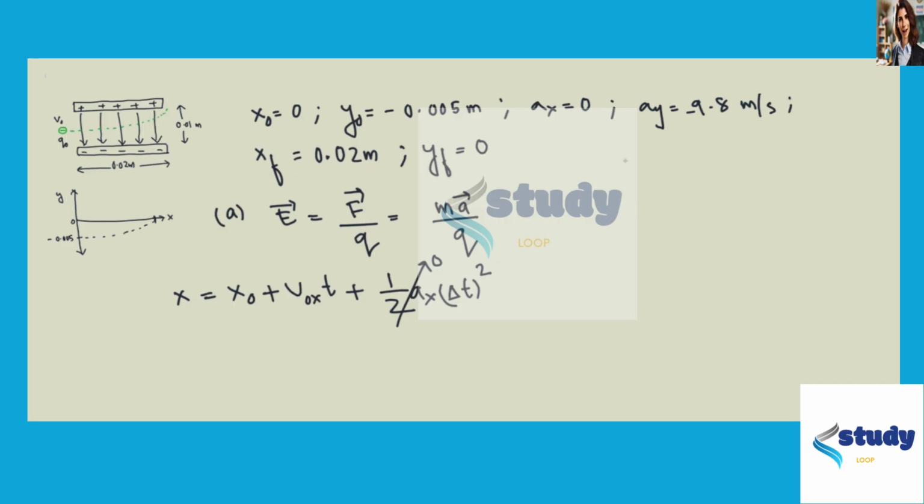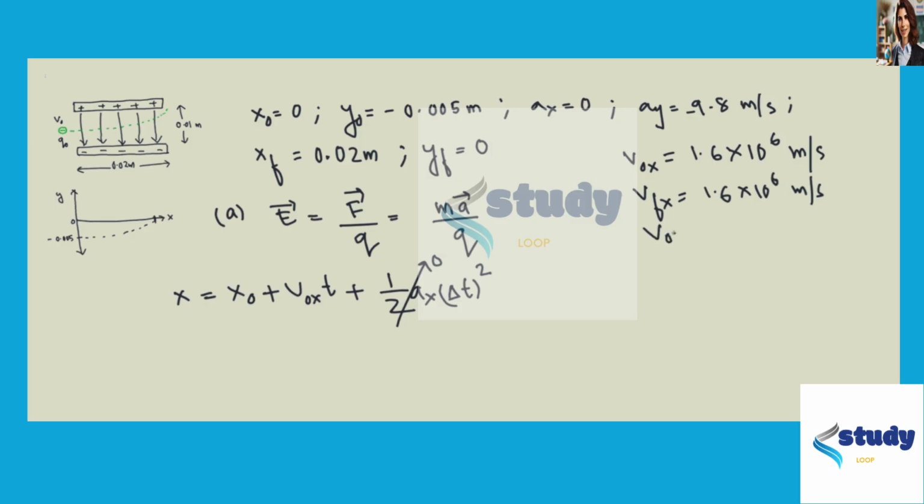Also, the projectile has the following values for velocity. So v naught x is 1.6 times 10 to the power 6 meter per second, and since there is no acceleration in the x direction, the component of final velocity along the x direction is the same as the initial one.